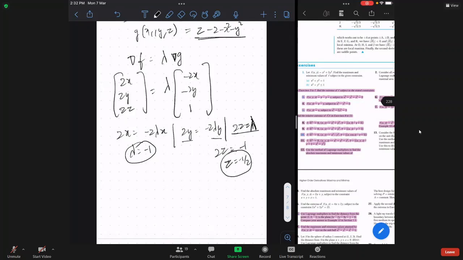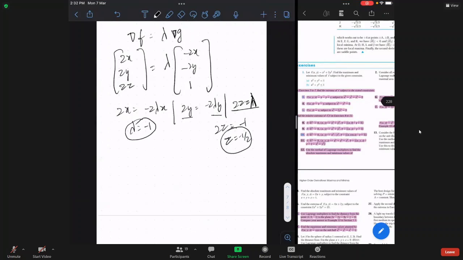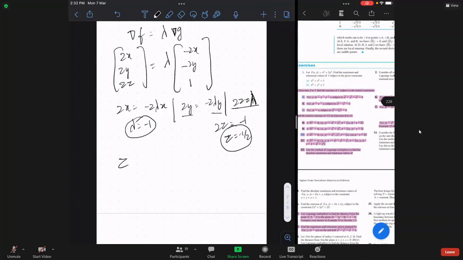Okay. Now we know z value. We know lambda value. So the other relation that we have is our constraint relation, which is z is greater than 2 plus x squared plus y squared. So my z value, -half, is greater than 2 plus x squared plus y squared.